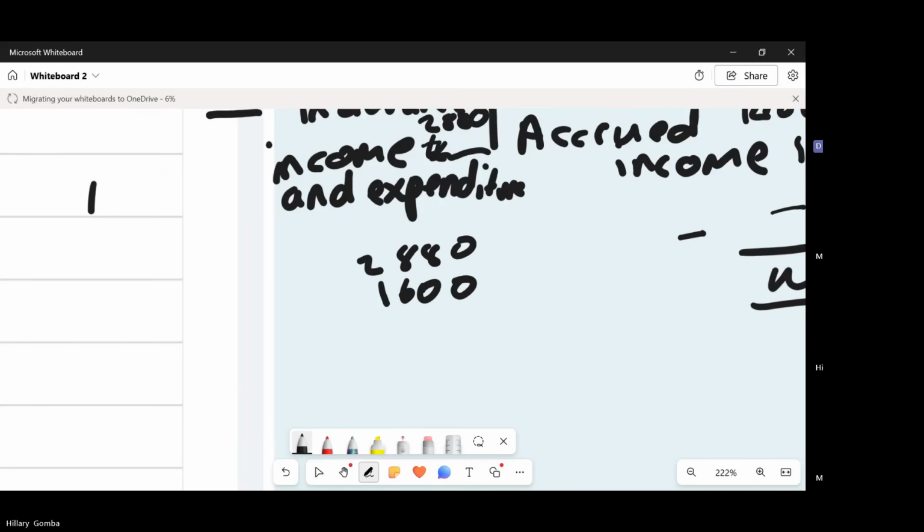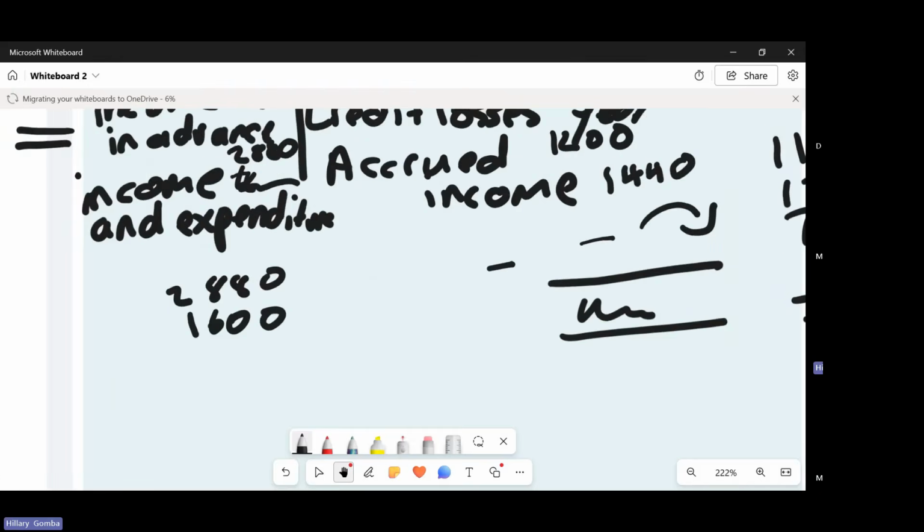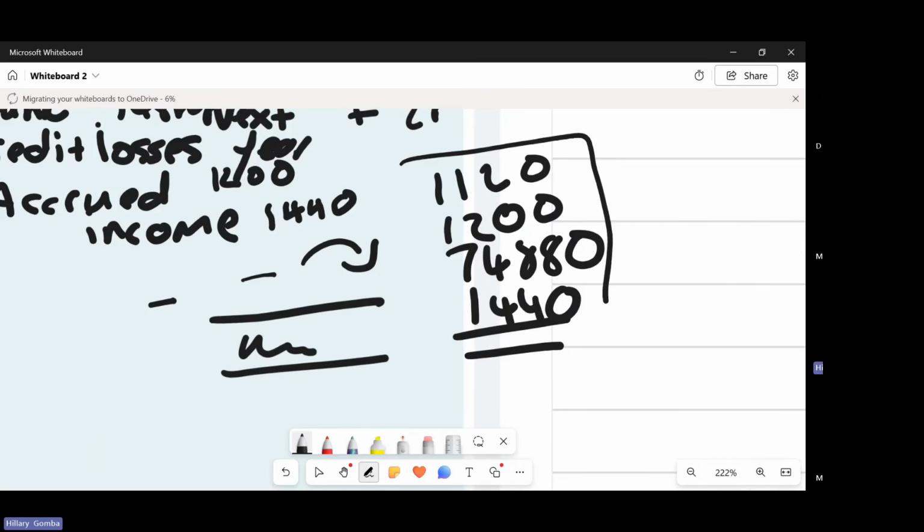So do we write it as income and expenditure? Yes. So now you add these four. Tell me how much do you get?